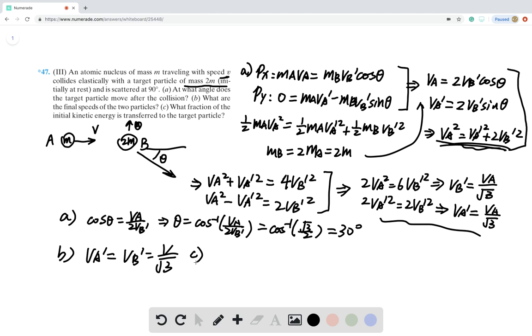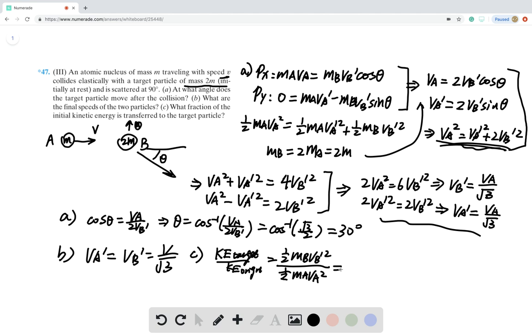The last one asks us what fraction of the initial kinetic energy is transferred to the target particle. So that is the kinetic energy of the target over the kinetic energy of the original. That is 1/2 mB VB prime squared, the kinetic energy of B after the collision, over the original kinetic energy, which is the kinetic energy of A before the collision.